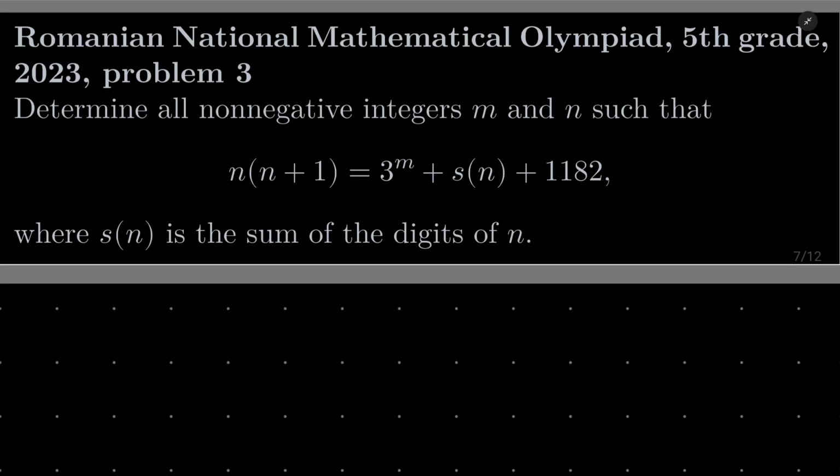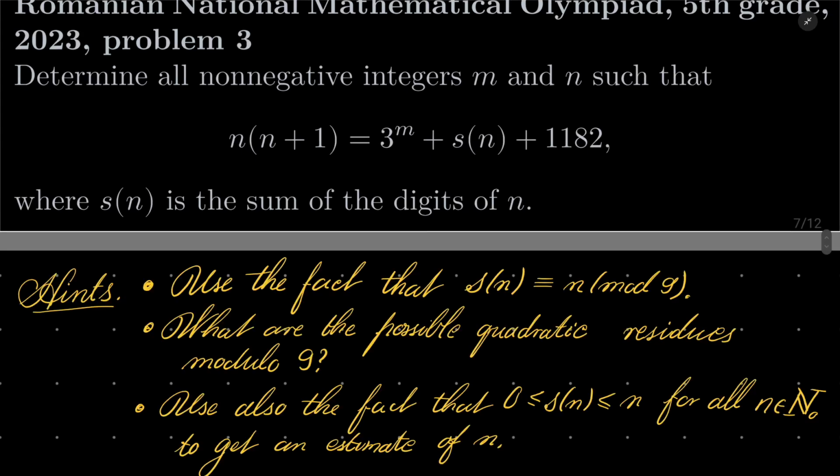I'd say it's a nice problem, a bit hard for my liking for 5th graders, but here are my hints. First, use the fact, as is very often the case in these types of problems, that S of n is congruent to n modulo 9. So if we sum digits of some number n in decimal system, this sum is always congruent to the number n itself, modulo 9. What are the possible quadratic residues modulo 9?